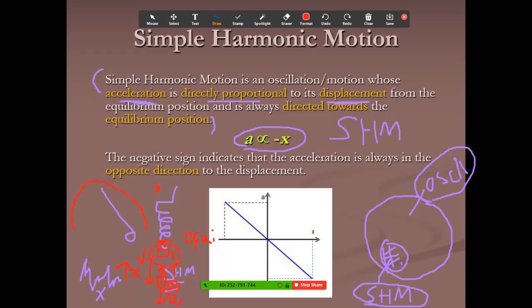When the spring goes down, what happens to the tension? Tension increases, right? So at this point, tension is big or weight big? Tension is big. So what is the net force formula? Tension minus weight. At the lower position, tension minus W is always your net force.